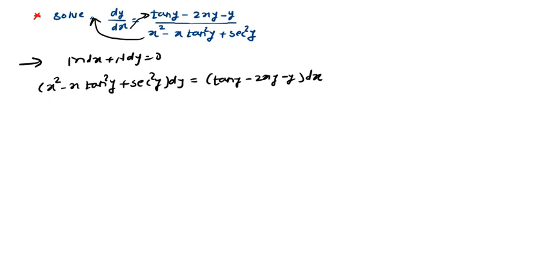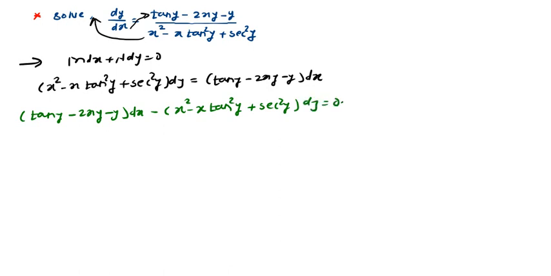Okay, I can rewrite this equation as (tan y minus 2xy minus y) dx minus (x square minus x tan square y plus sec square y) dy equal to 0. So this is our differential equation in standard form.